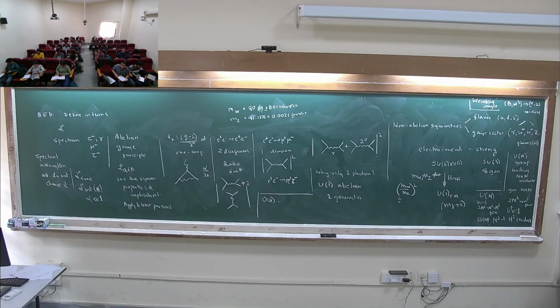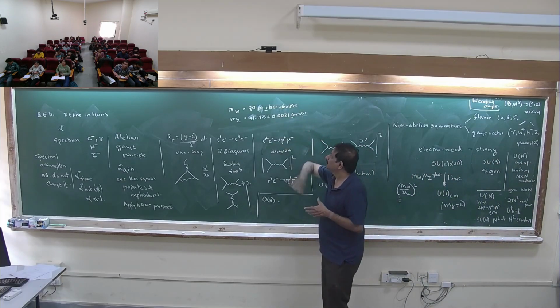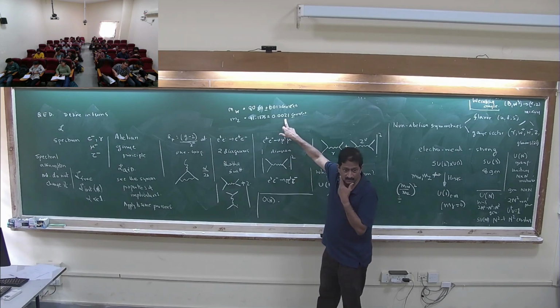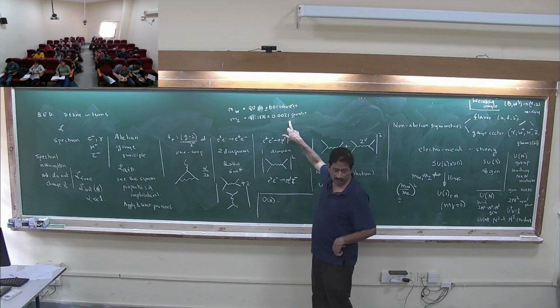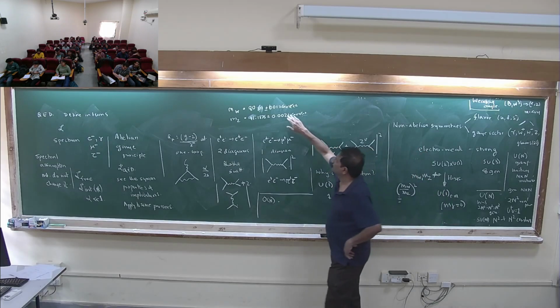Because I'm going to lead you up to experiments from which these numbers are determined. So you tell me, this is known to how many significant places and why? So here you see the uncertainty is an order of magnitude less. Now I'm going to ask you why is that? Why is this so much better determined than this?